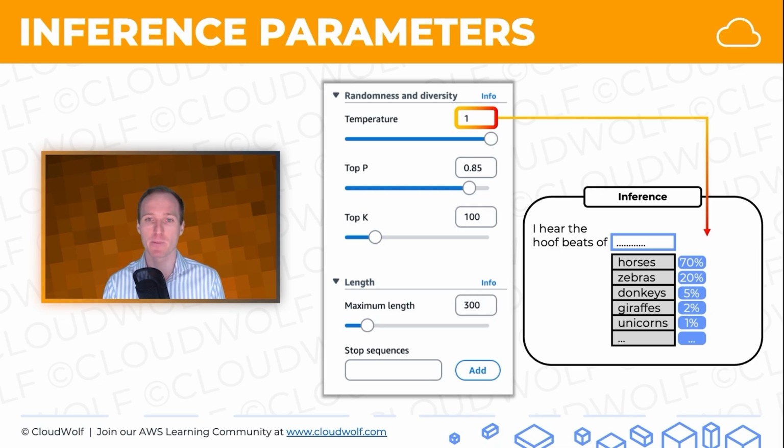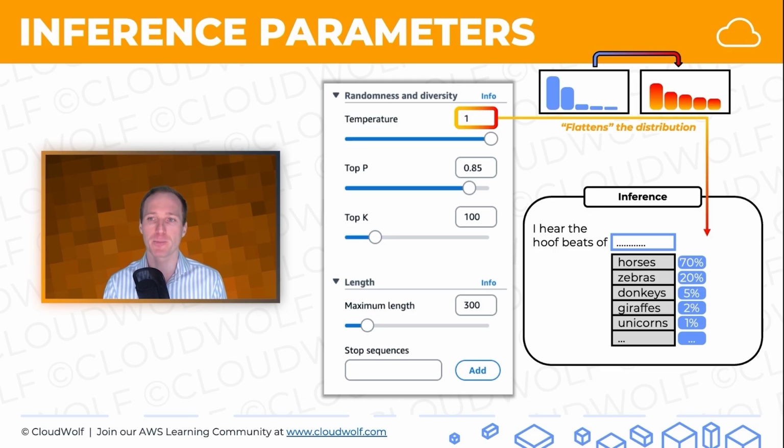So this first one, temperature, is going to adjust the distribution, flatten the distribution. What that means is if your distribution looks like this, for example, you can see here 70, 25. So it's very high for the first word, then it's lower, and then it drops off very quickly. So the first and second word have the highest probability. Well, the higher the temperature is, the flatter the distribution will be.